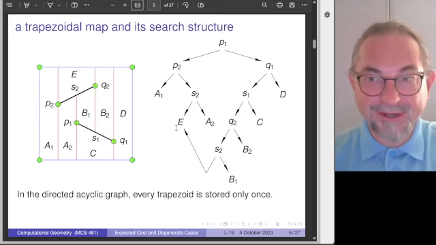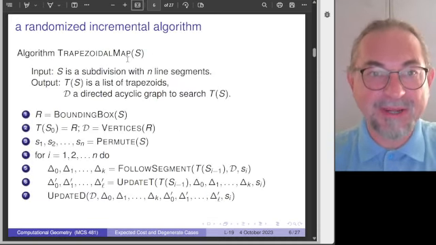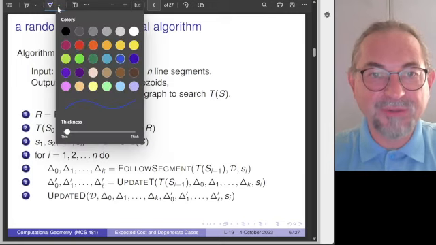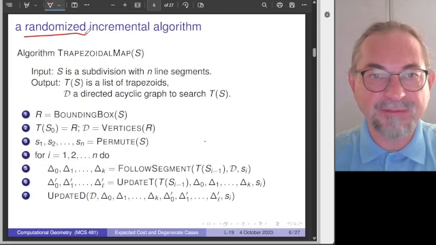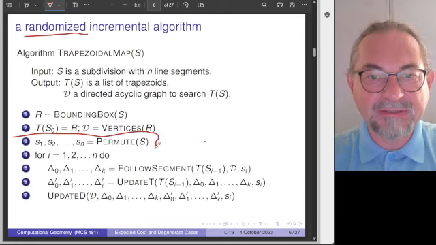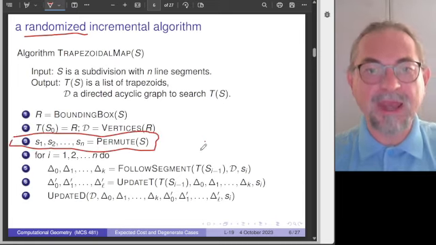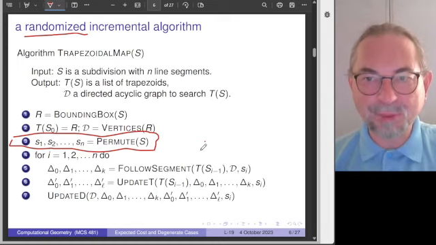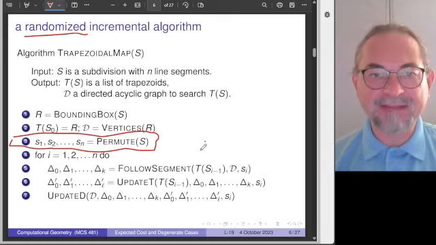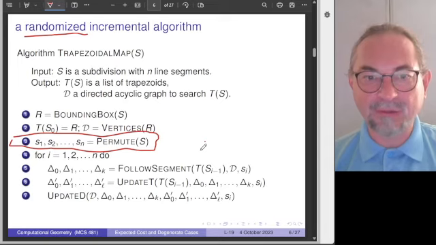Okay, one more slide, and perhaps I should now emphasize something. So we do have a randomized algorithm. So here, what does the randomized mean? Well, our input segments, they are permuted. So we have the permute pre-processing step that precedes the algorithm.